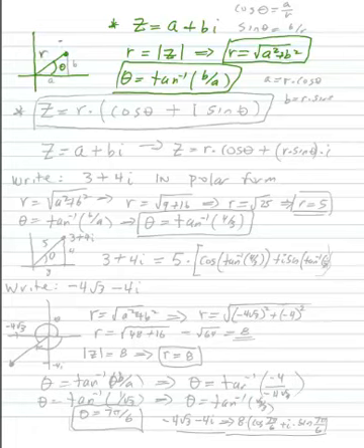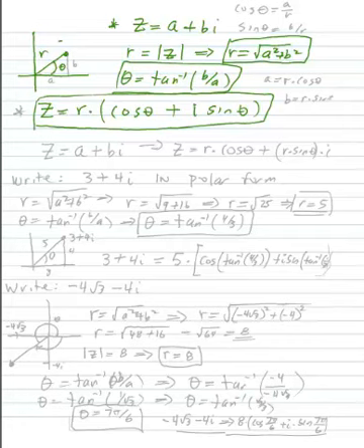we could write in polar form, we would say z is equal to r times the quantity cosine of theta plus i times the sine of theta. And that would be the polar form of a complex number.